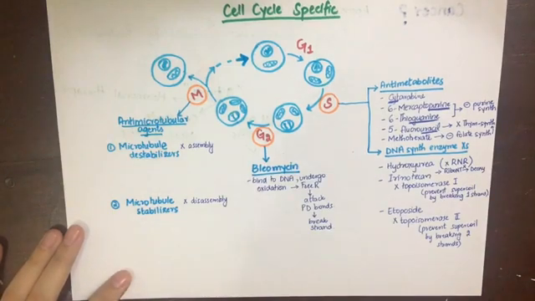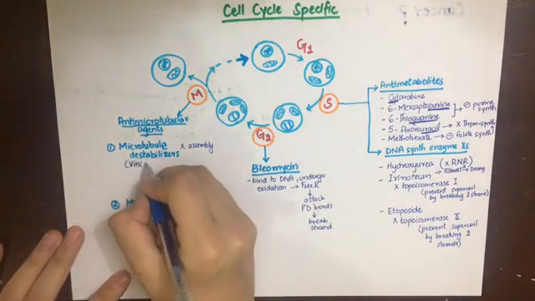One are the microtubule destabilizers, which will inhibit the assembly of microtubules in the beginning of the cell division, and second are the microtubule stabilizers, which will inhibit the disassembly of microtubules, which is needed at the end of the cell division.